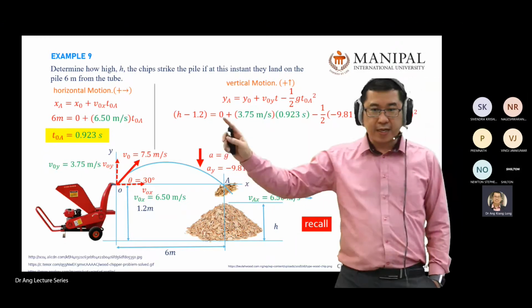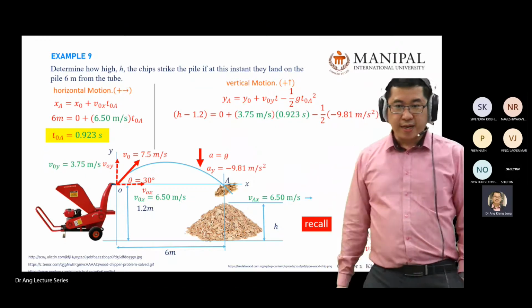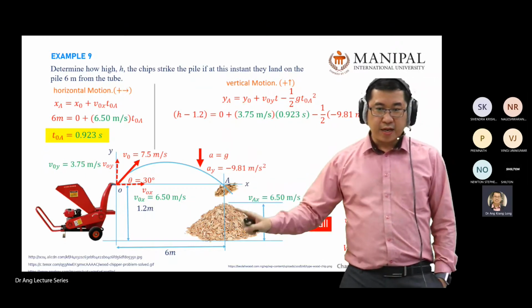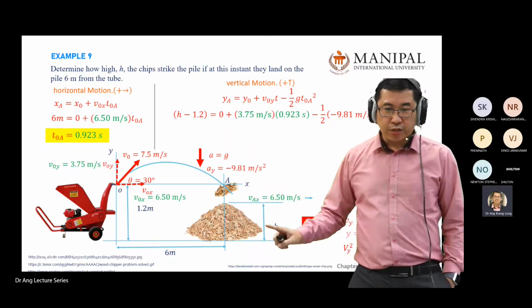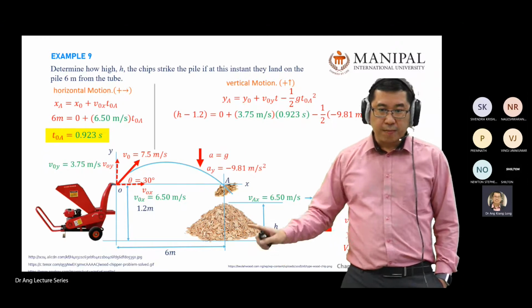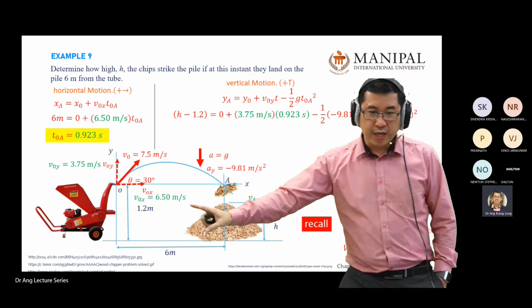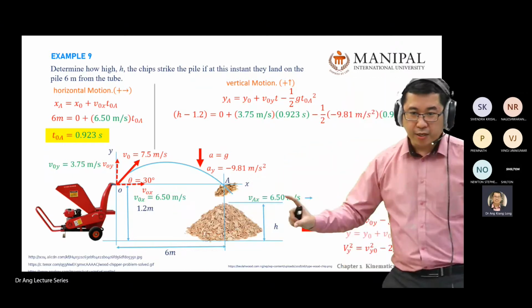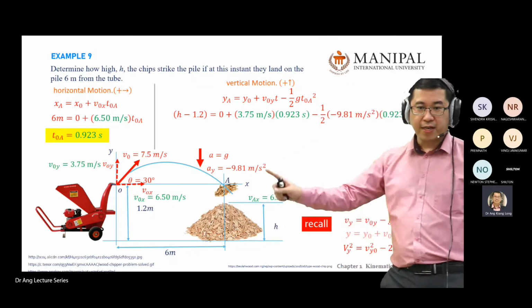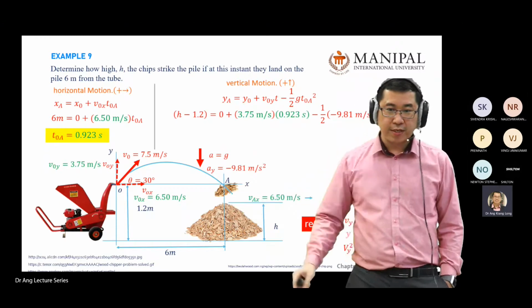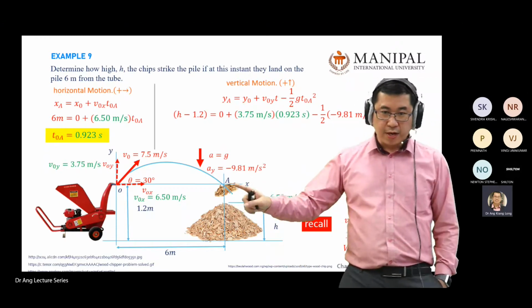Okay, let me explain. What is YA? YA is the H. How do you find the gap over here? You take 1.2 minus H, right? How do you get the Y location?